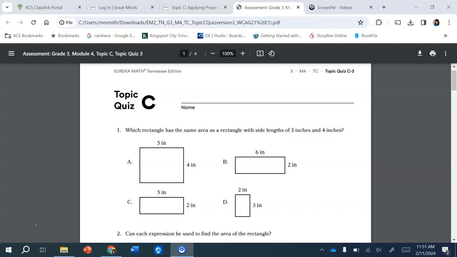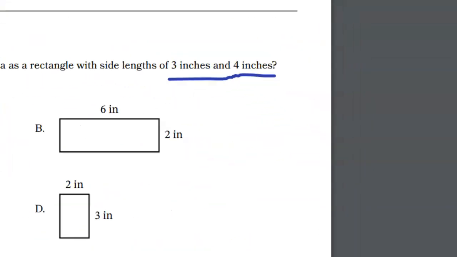Our first question, number 1, says which rectangle has the same area as a rectangle with side lengths of 3 inches by 4 inches. So we have to discover what is the area if I had a 3 by 4 inch rectangle.